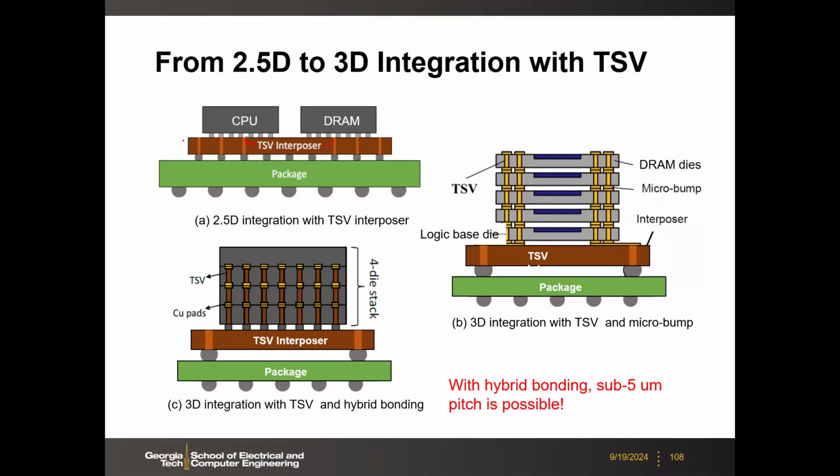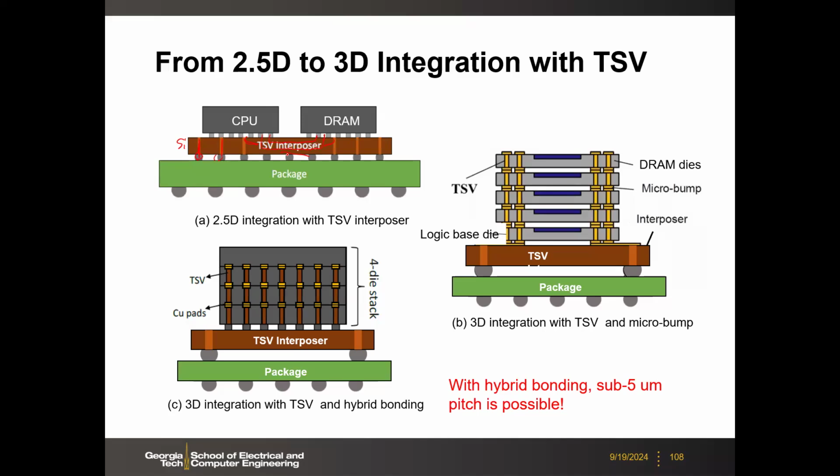This substrate is typically silicon, and it's called an interposer. You can also go through this silicon interposer to have the power or signaling from the package. But on the interposer, you will also have horizontal wiring to communicate between the processor and DRAM. So this is like an interposer.